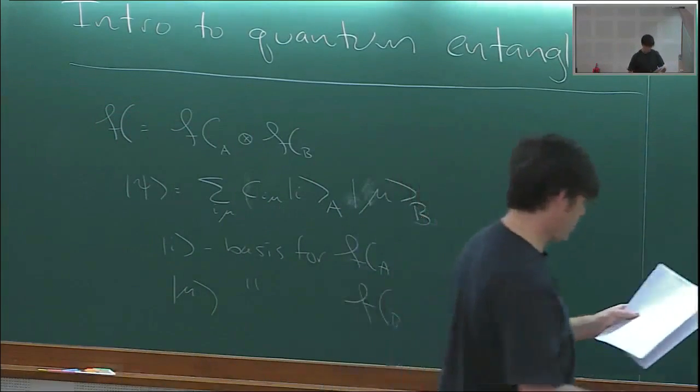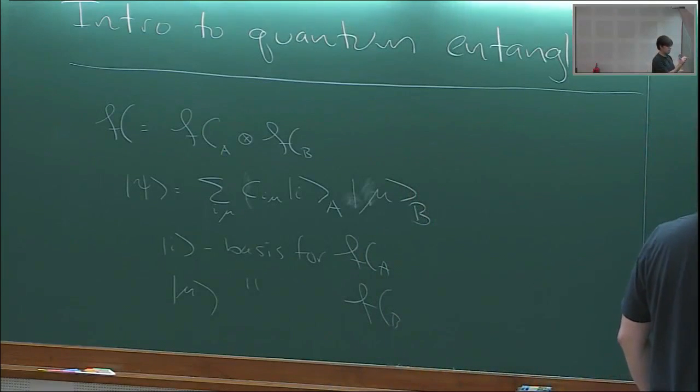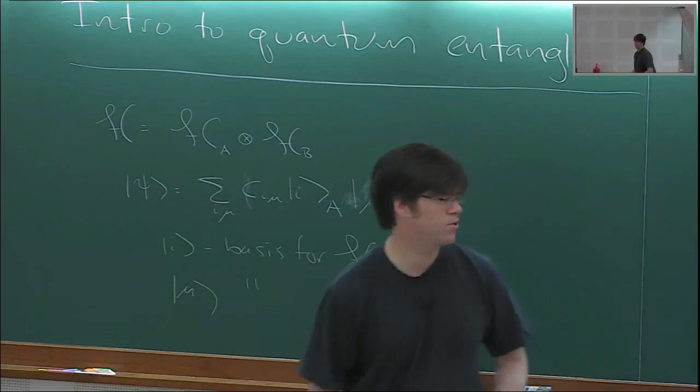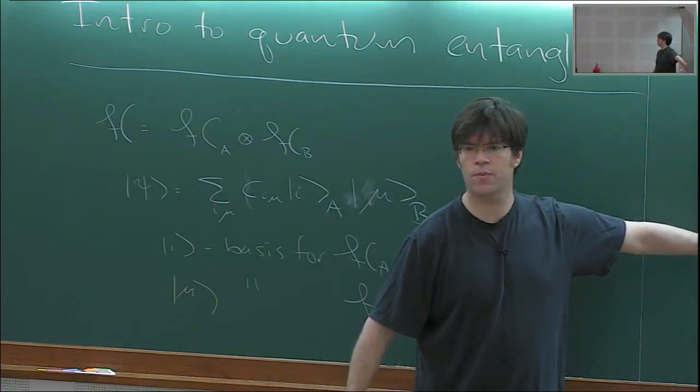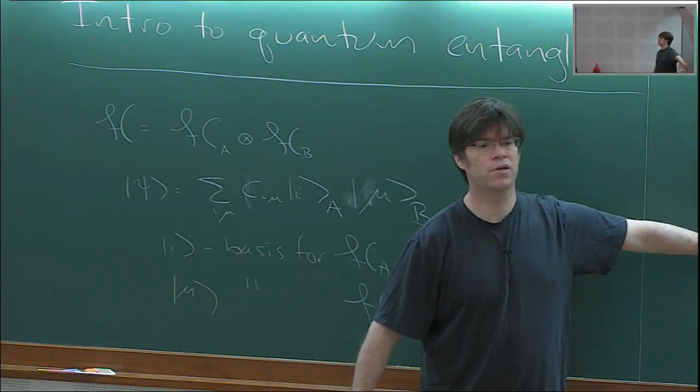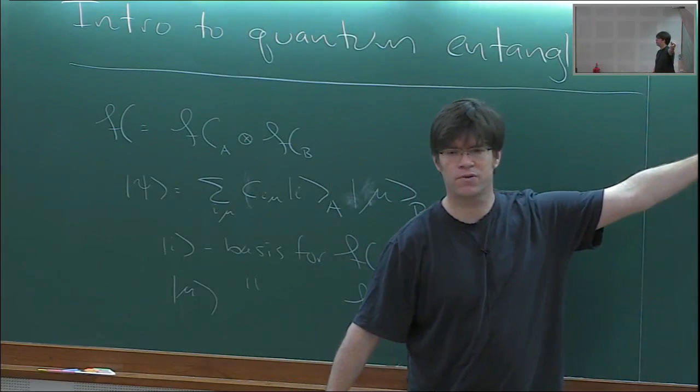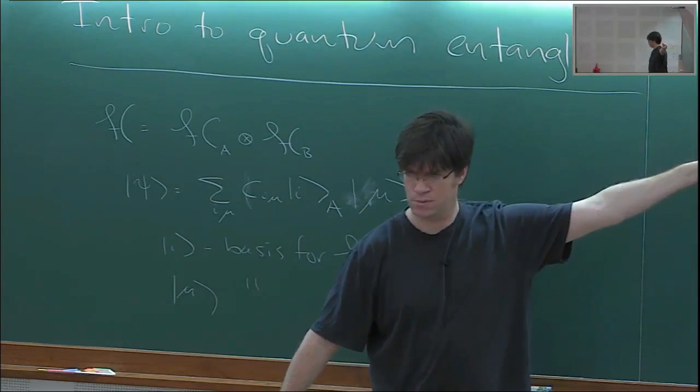But the second thing is that the overall outcome of either measurement is not typically determined. So entanglement is the combination of these two properties. Overall, you don't know what you'll get when you make a measurement, but you can be assured, in a situation with entanglement, that a measurement of one system will tell you what a measurement of the other system will do.